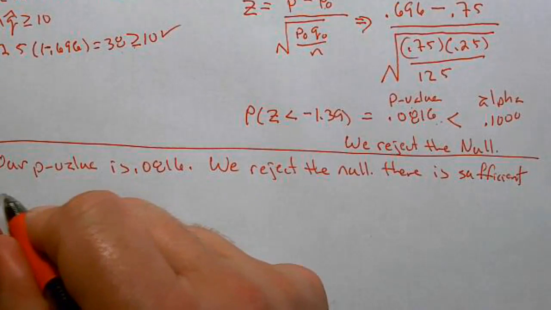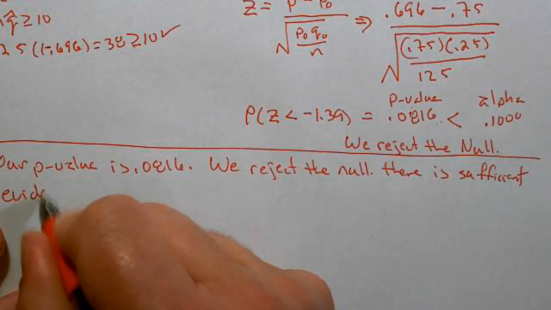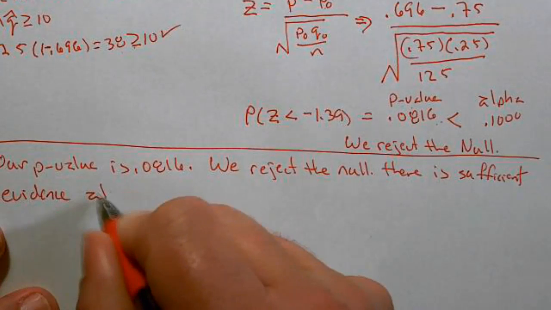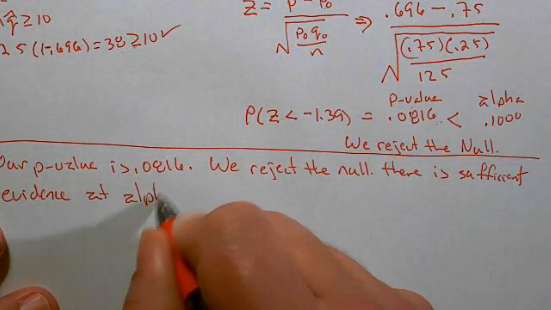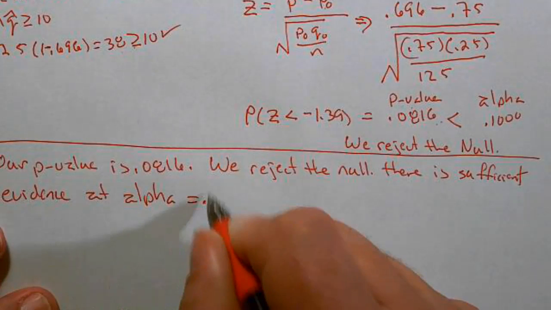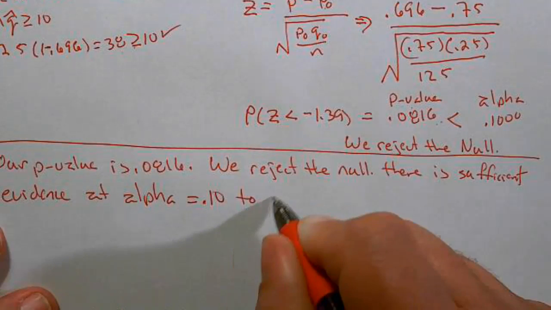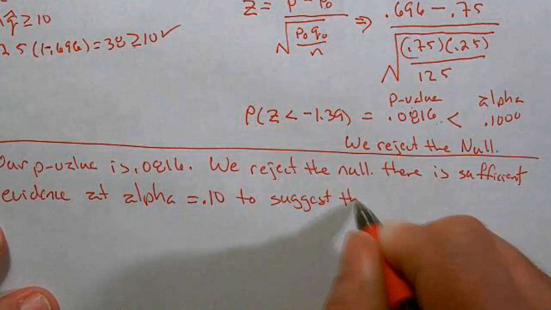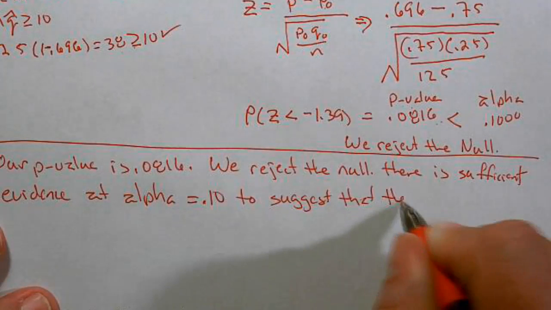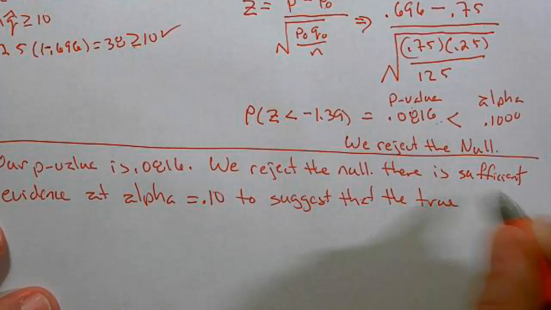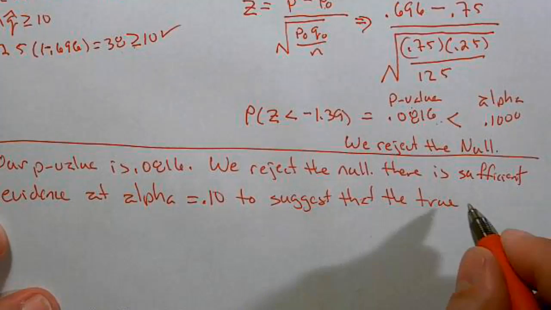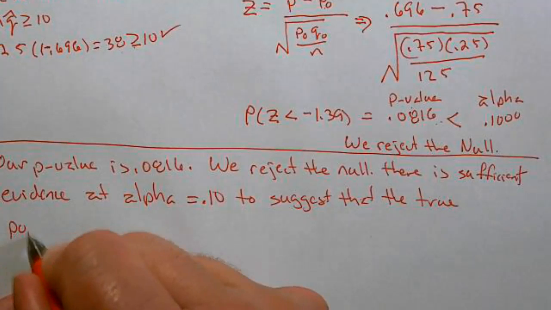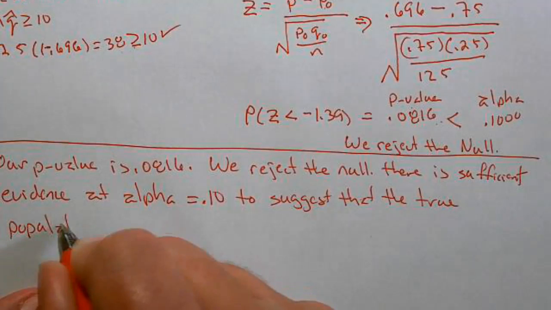There is sufficient evidence at alpha equal 0.10 to suggest that the true population, we're not working with the mean, we're now working with the proportions.